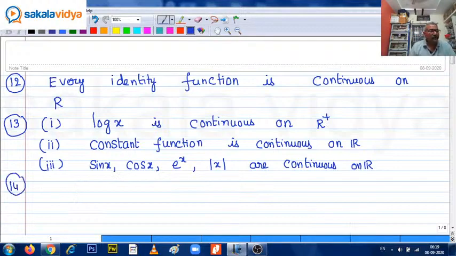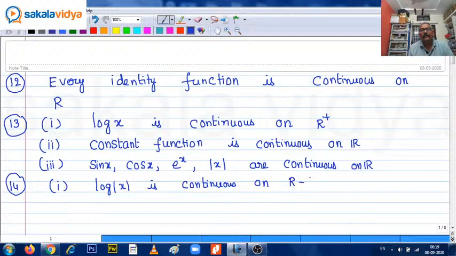Fourteenth point: log mod x, not log x, log mod x is continuous on R minus 0. The domain is R minus 0. It will not accept 0.